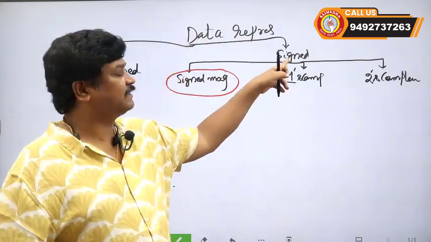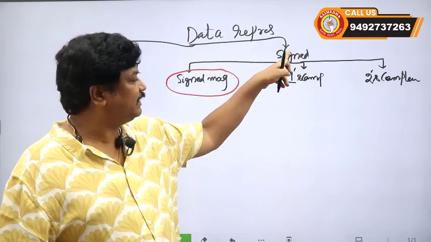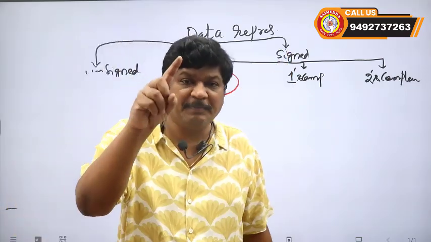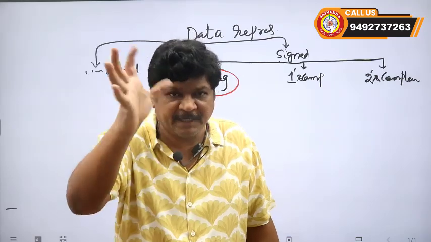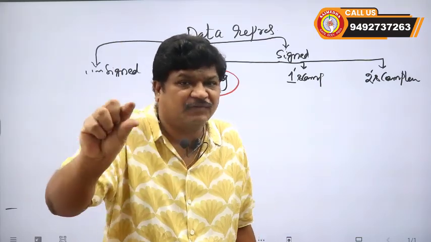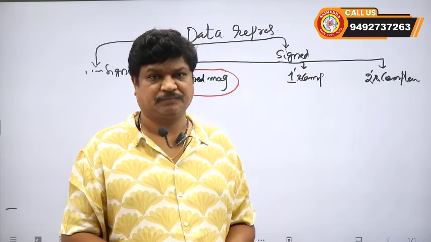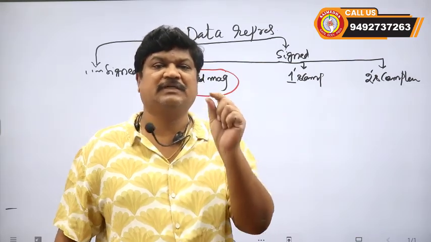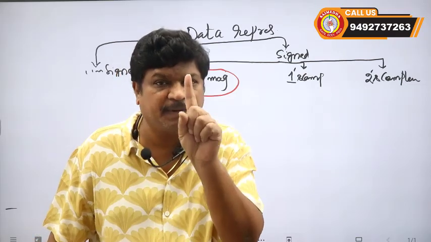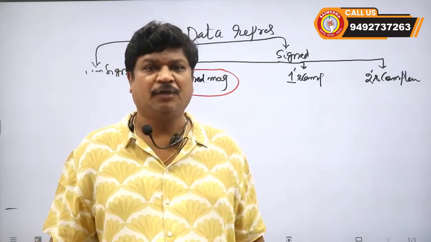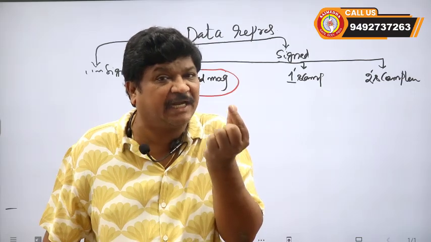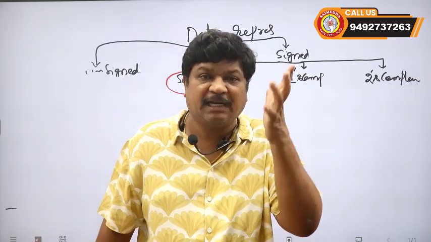But for this signed representation, one bit is used as the sign bit. N minus 1 bits, the remaining bits, are used for magnitude. The MSB, the most significant bit, is used as the sign bit.